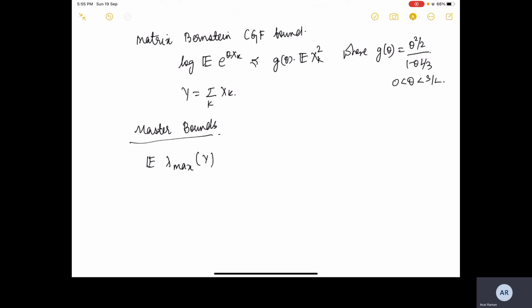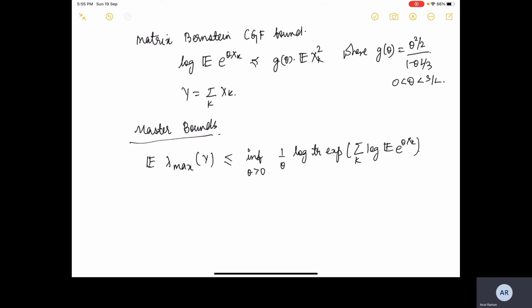So again we have infimum over theta greater than 0, 1 by theta log trace exponential of the sum over k of log expected value exponential theta Xk.